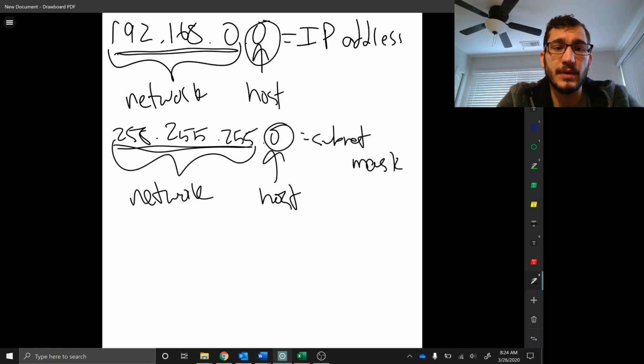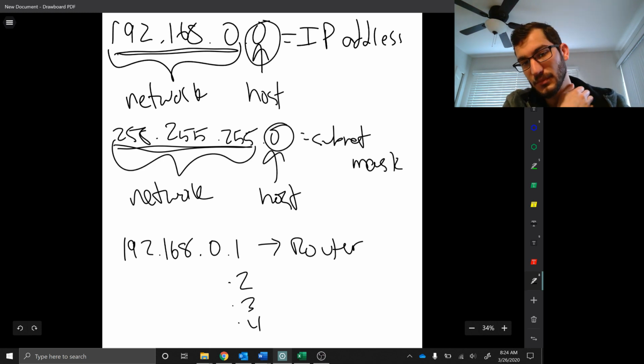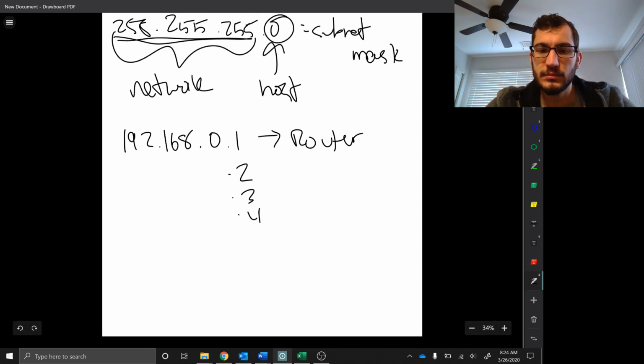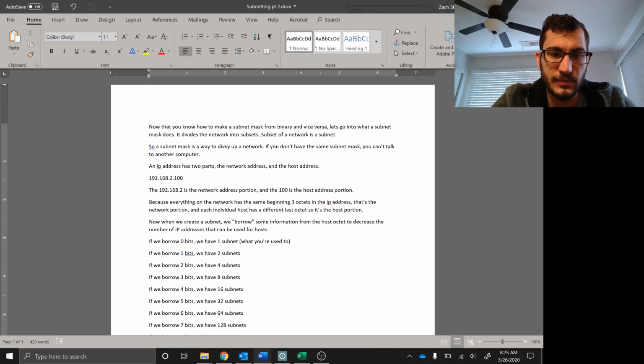And then typically your router is 192.168.0.1. This is your router. And then your devices start at .2, .3, .4. Make sense? Okay, good. Let me jump back to my notes.